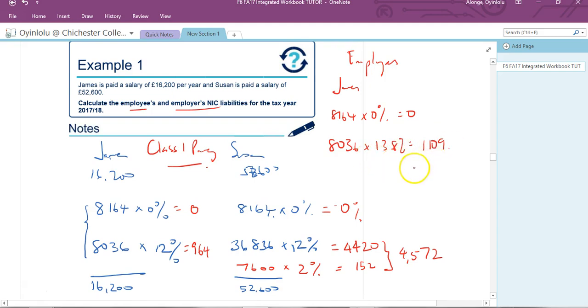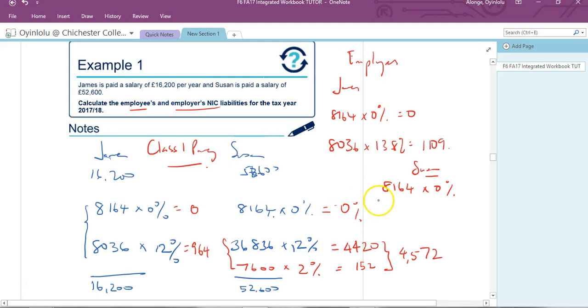That's James. And then if I do Susan over here, I'm just working in little spaces. 8,164 times 0%, and then anything over that, those two things added together, because it says anything over for the employers.